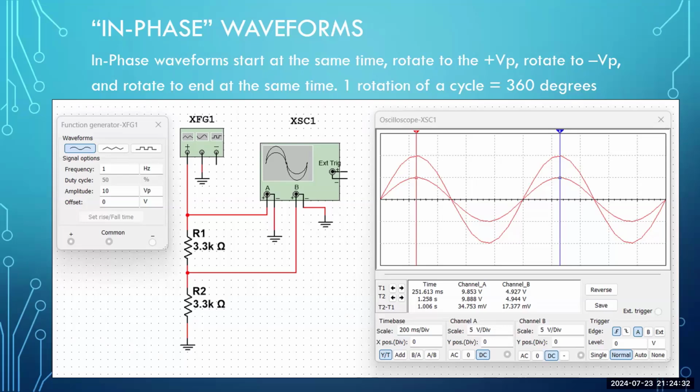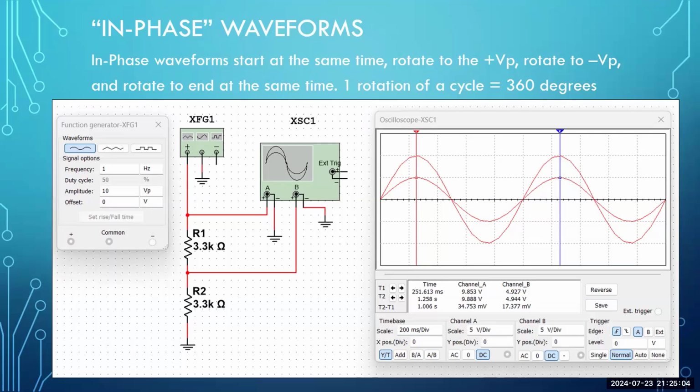So when you see waveforms that peak positively at the same time and peak negatively at the same time and also cross over to zero at the same time, what is the phase relationship of these waveforms? Did you hear the question? What is the phase relationship of these waveforms? The phase relationship is that they are, in quotes, in phase waveforms. They are in phase with each other.